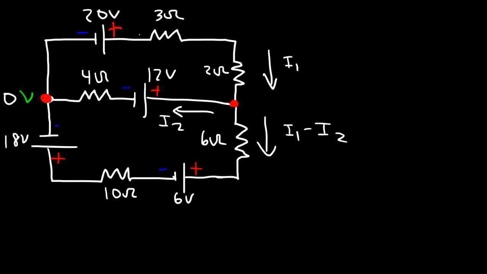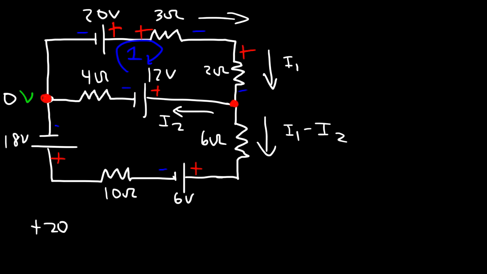So now let's focus on the top loop. So let's define the loop going in that direction. We'll call it loop 1. I'm going to use a different color. So in loop 1, we're going towards a higher potential, and so that's going to be a voltage lift of 20, and I1 is going in this direction, so therefore this is going to be positive, negative, positive, negative.